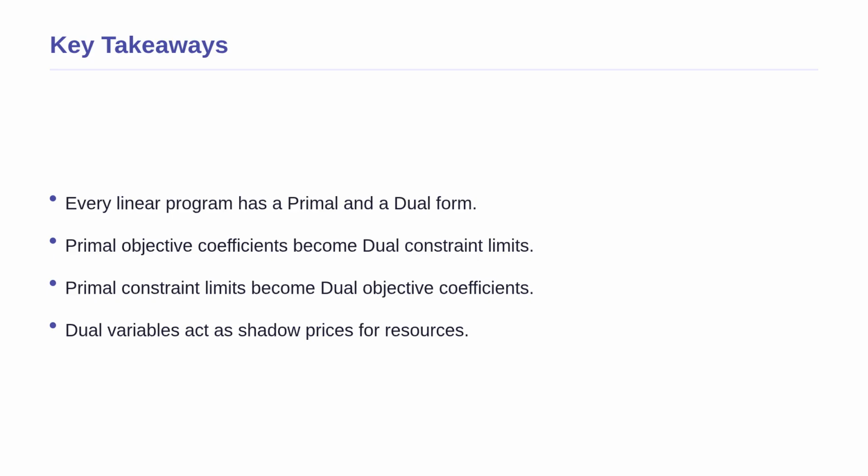We have covered the full topic of primal dual relationships. Let us reinforce the most important ideas. First, the primal and dual are two sides of the exact same mathematical coin. Every variable in one corresponds to a constraint in the other. Second, the objective coefficients and constraint limits crisscross between the two problems, while the constraint matrix is transposed.